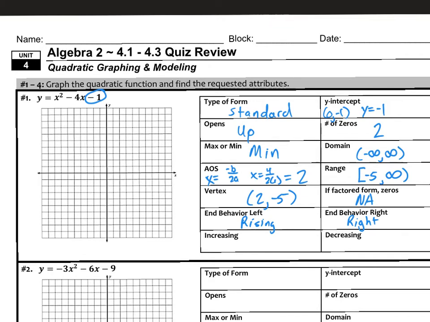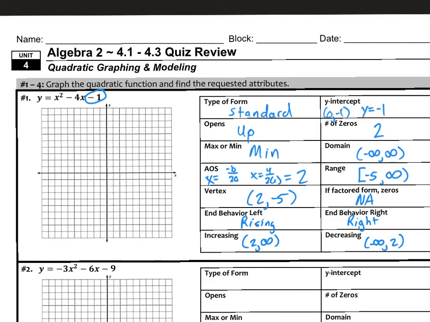Increasing is going to start at the vertex. It decreases until the vertex and then starts increasing from the vertex. So our increasing interval starts at 2 and goes on to infinity. And our decreasing interval is negative infinity to 2.